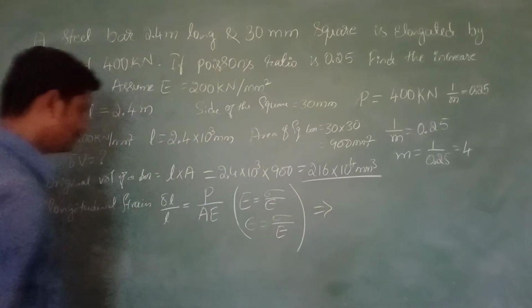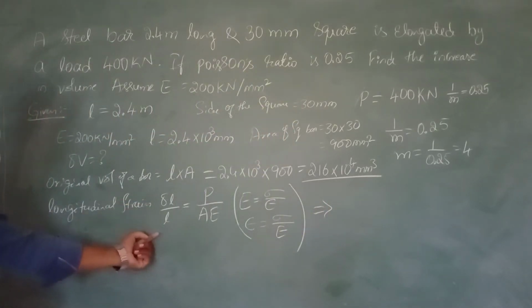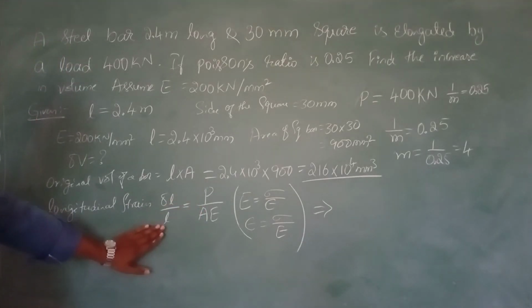So we substitute the values of P divided by AE, and we can find the strain value by using Young's modulus.